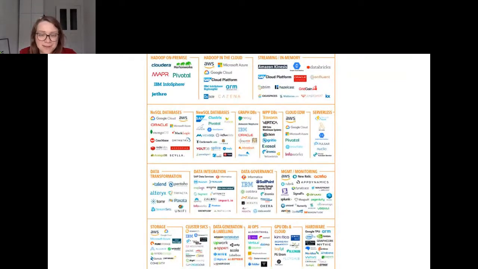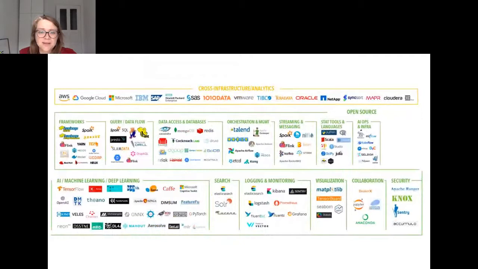You have SQL databases, NoSQL databases, NewSQL databases, graph databases. You have data transformation, data integration, of course, monitoring, and then you have things like AI and storage and data generation and labeling. You have things like cross-infrastructure and also analytics, and you have visualization and search and so on. And there's a lot more you can add.